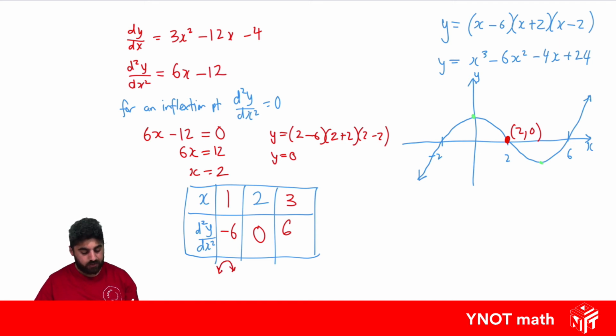And then on the right, we have a positive value, which implies a concave up section, which means that we're going from concave down to concave up. So that definitely shows a change in concavity. So we can say, therefore, concavity changes. So therefore, (2, 0) is an inflection point.